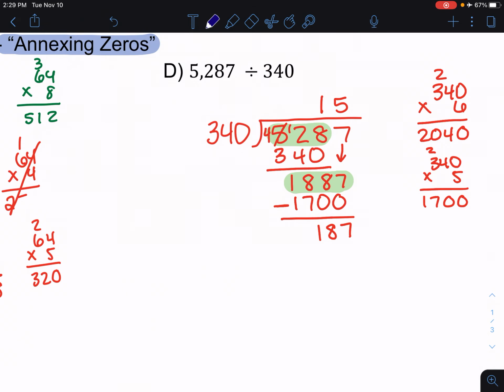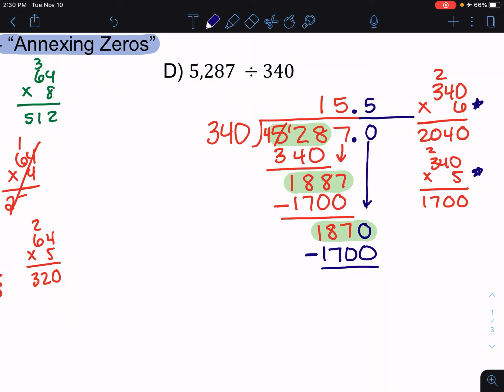And here's where we get funky, so we're going to add our decimal and extend our line. And I'm going to add a 0 because 340 does not go into 187, but 340 can go into 1,870. I know that 5 is 1,700 because I just did it right here, and I know that 6 is 2,040, so I'm going to use 5 again. And I've got 1,700, and I'm going to subtract.